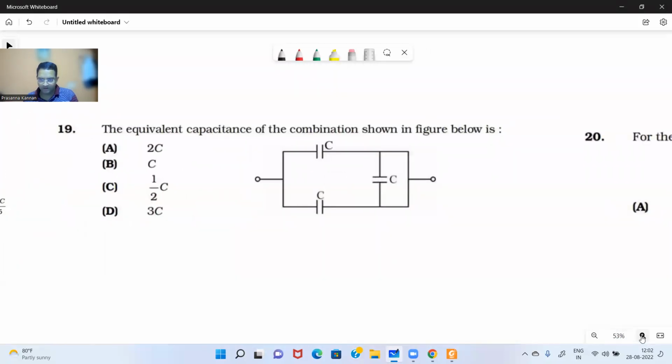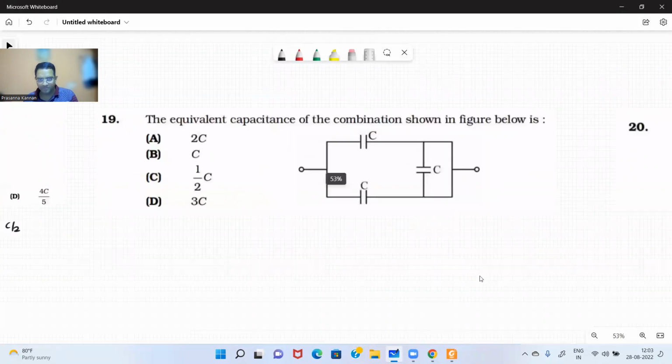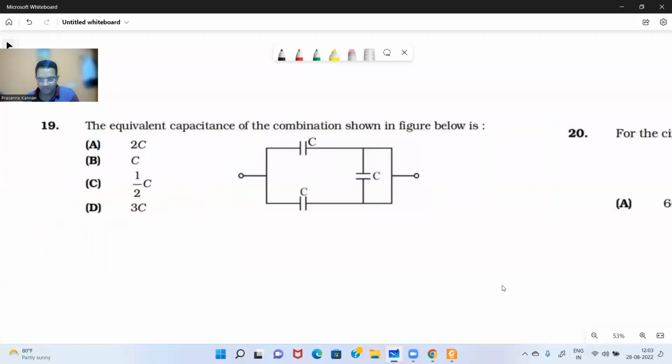Okay. What is the equivalent capacitance of the combination shown in the figure? Now let's see here. Let me call this point A. Can you tell me what this point is going to be? Only if I connect a capacitor in between, or a resistor or a battery, will the potential change.